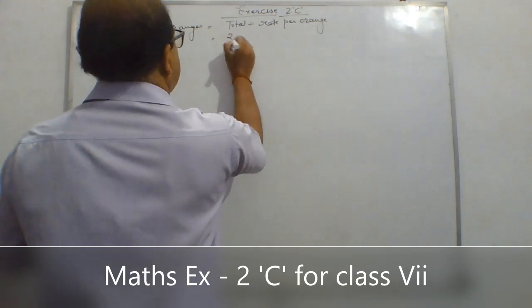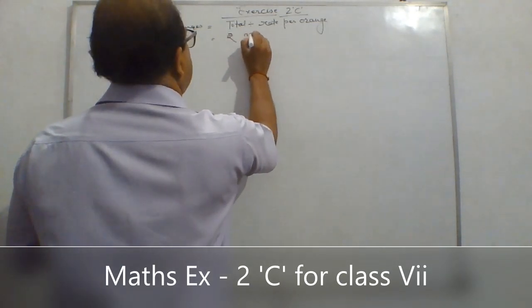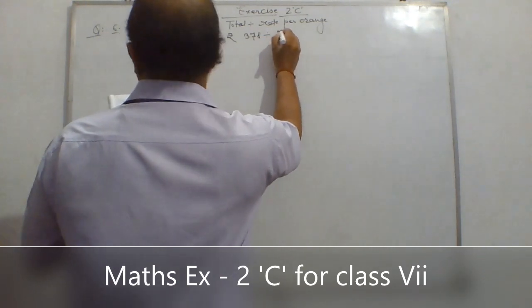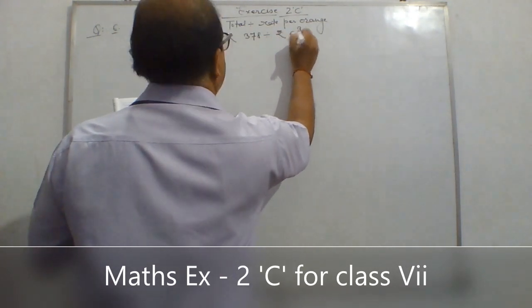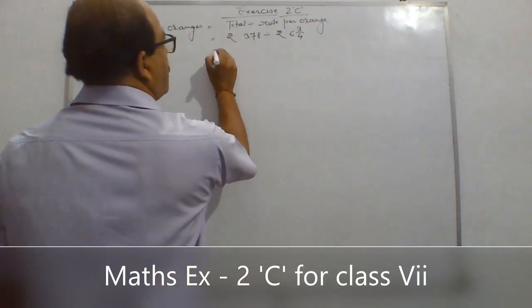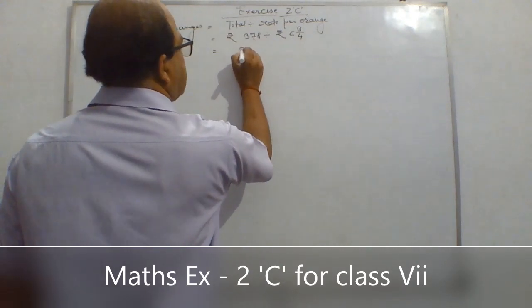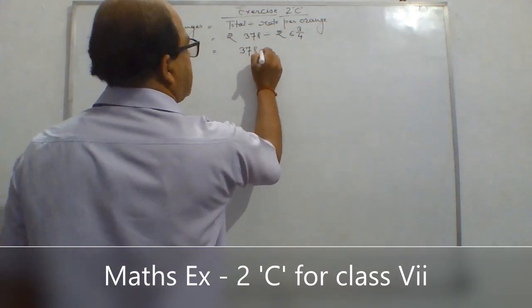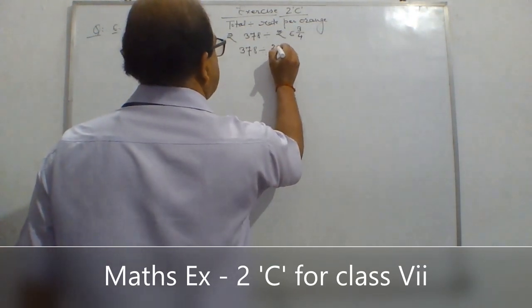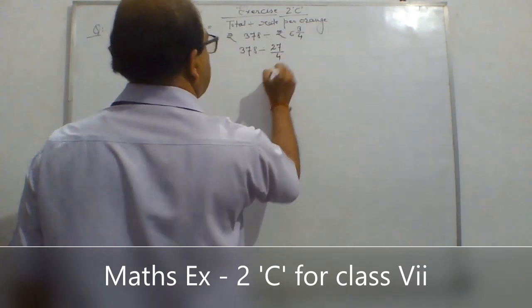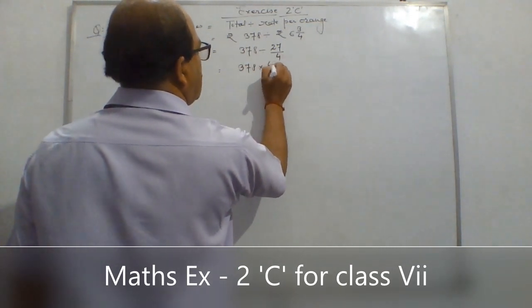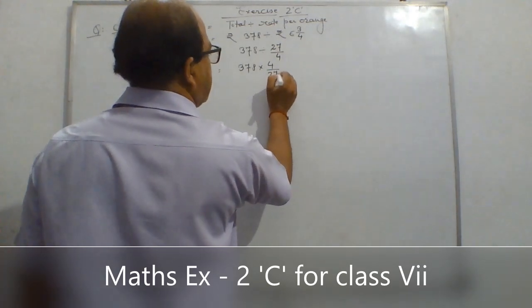Here total cost is rupees 378 divided by rupees 6 whole 3 by 4. 6 fours are 24 plus 3 is 27, so 27 by 4. 378 into 4 by 27.